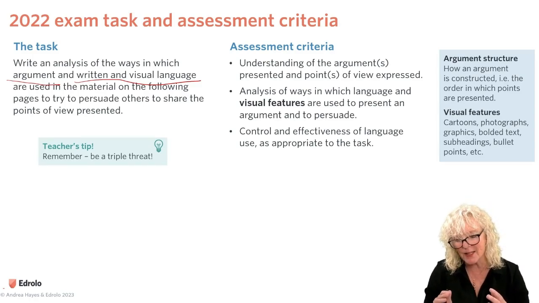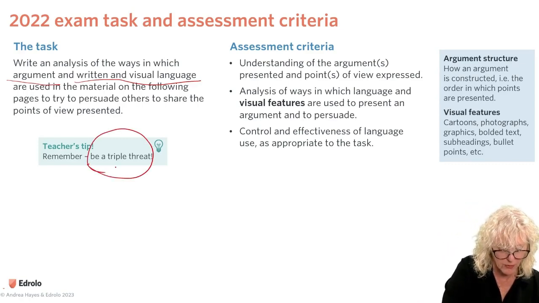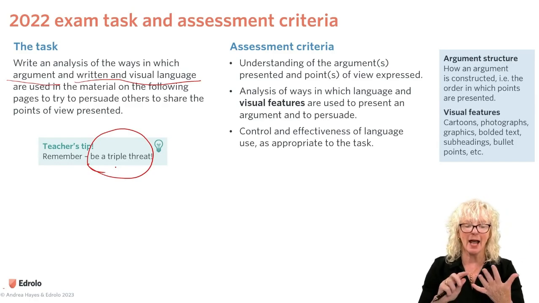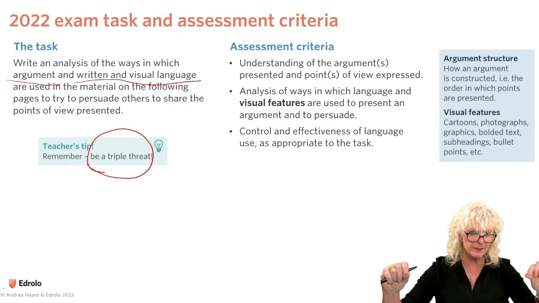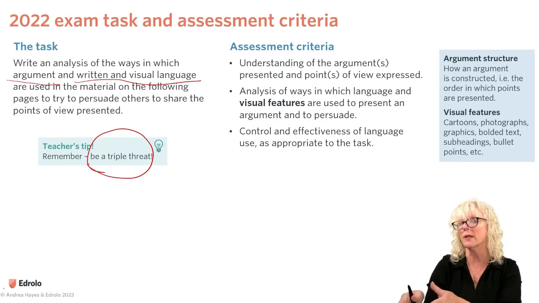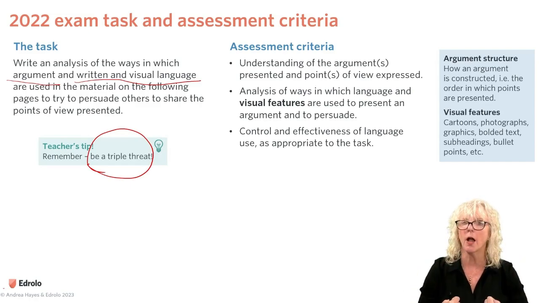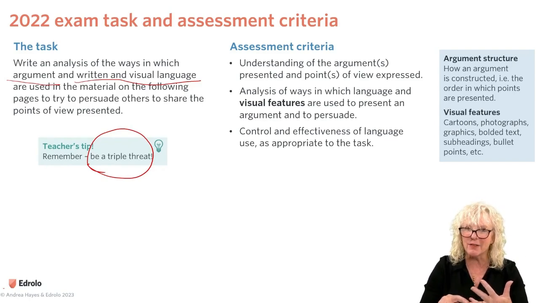So this is linked to my tip, be a triple threat. You need to be able to understand and analyse how the argument is constructed, how the persuasive language works together with the argument to position an audience, and you also need to focus on how you write your analysis, how your analysis can be fluent, cohesive, and demonstrate complexity.